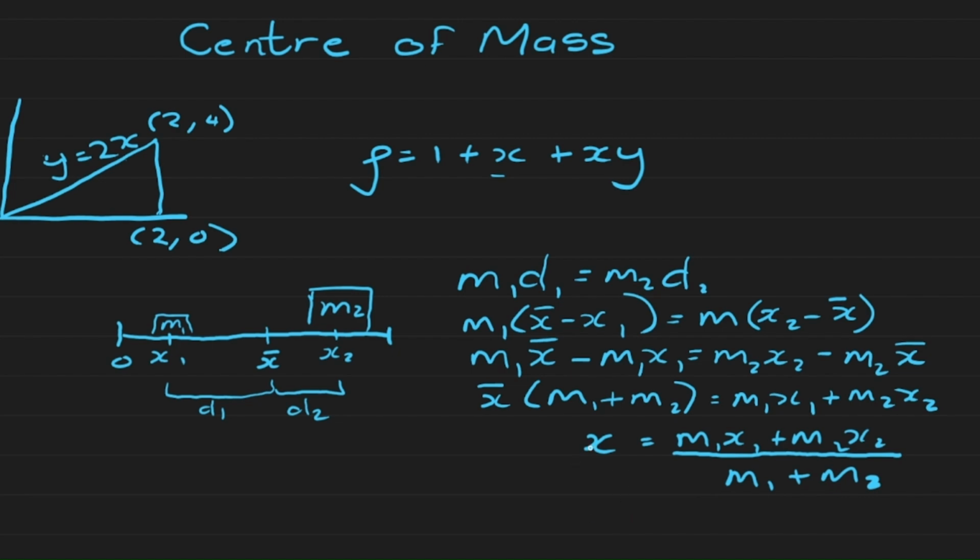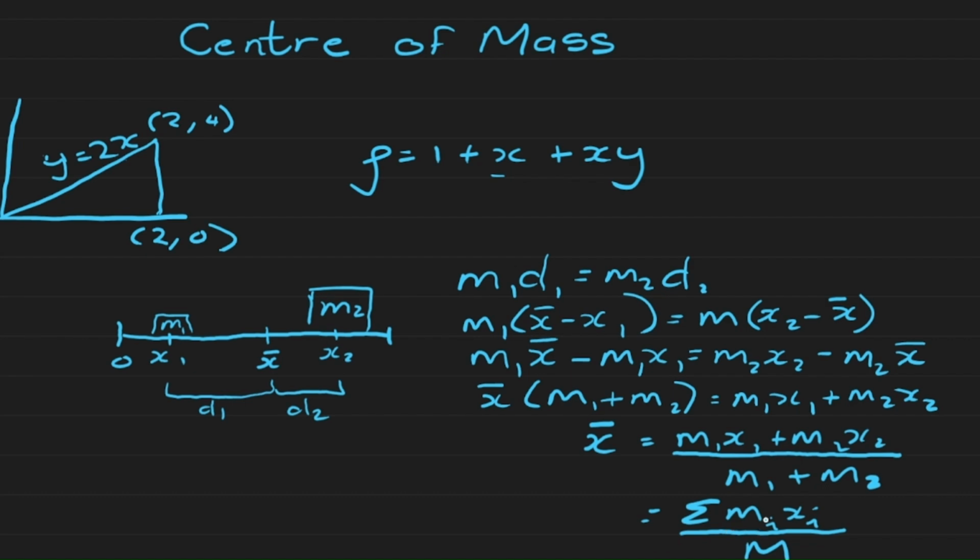Analyzing this expression, the center of gravity, or center of mass, is simply the sum of the products of the masses and the positions, divided by the total mass of the object.